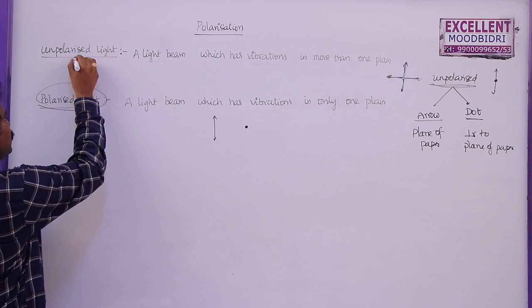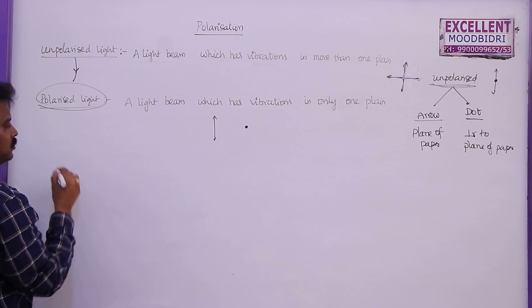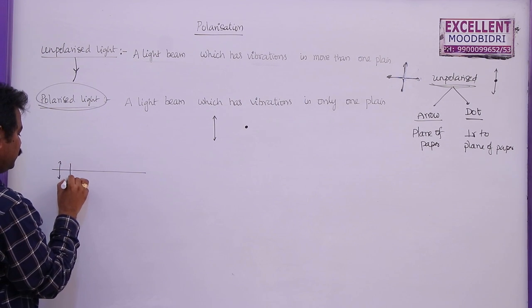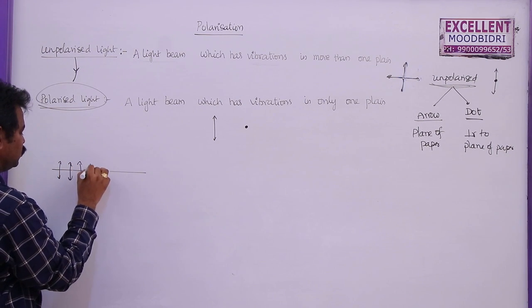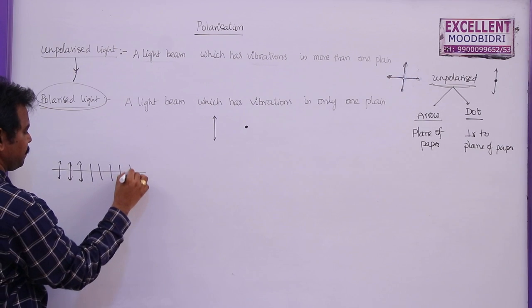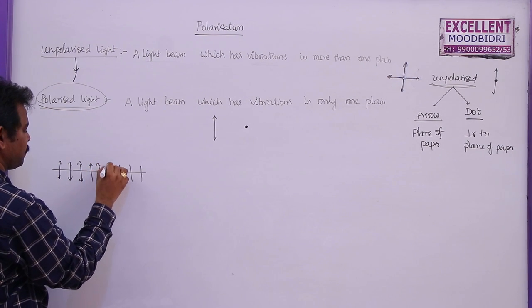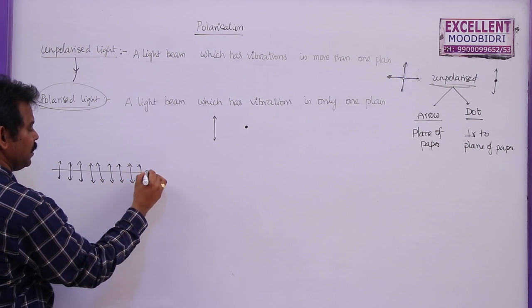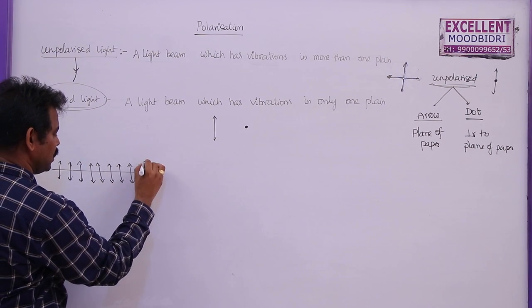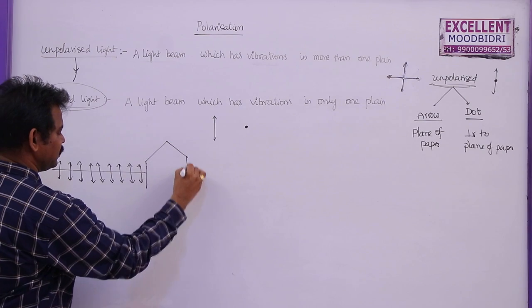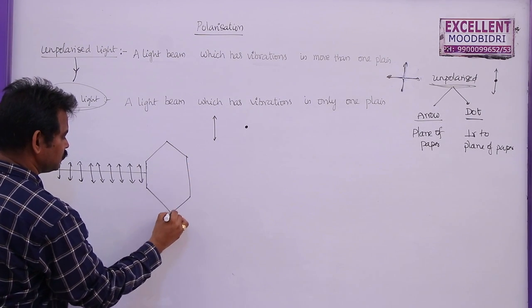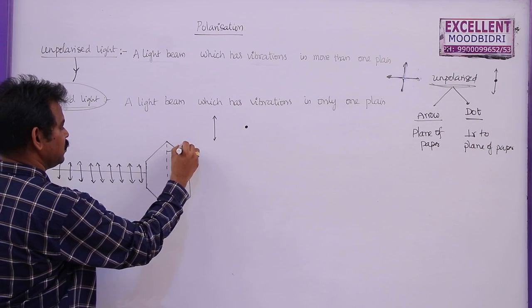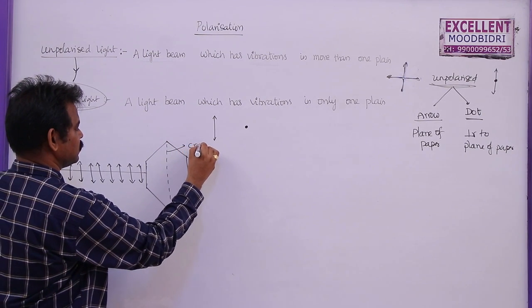How to convert this unpolarized light into polarized light? Now let me take this unpolarized light coming from a source here. When this light is allowed to pass through a calcite crystal, this is the calcite crystal, and this is called the crystallographic axis.